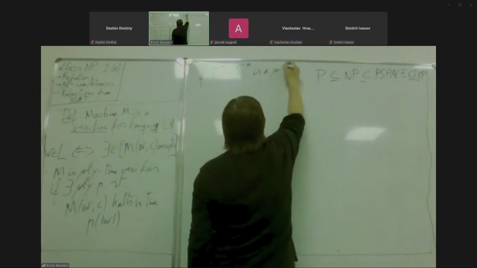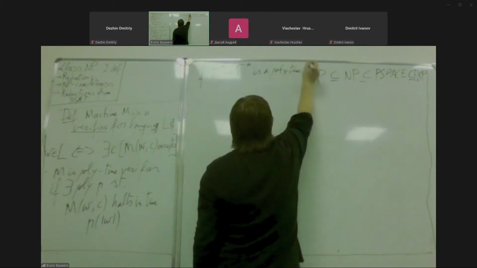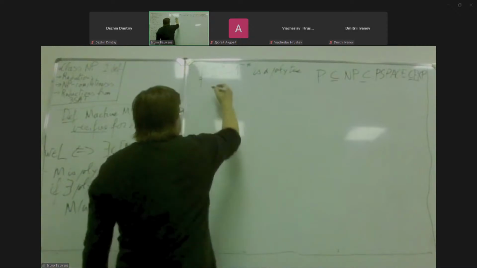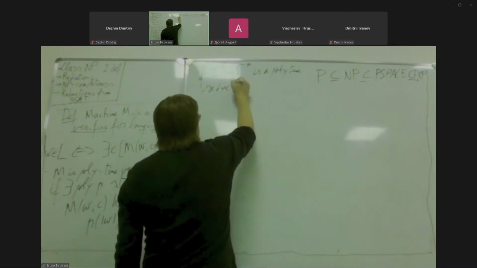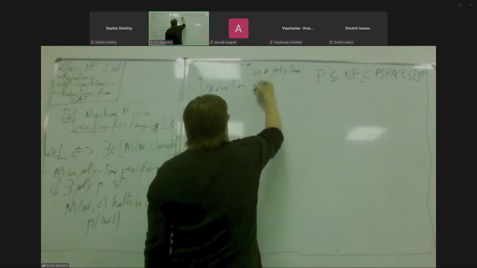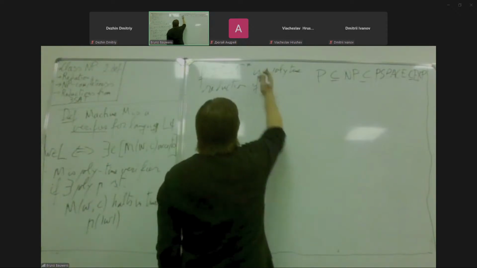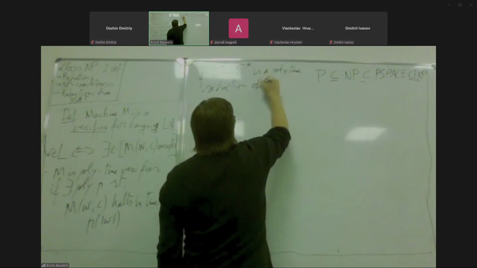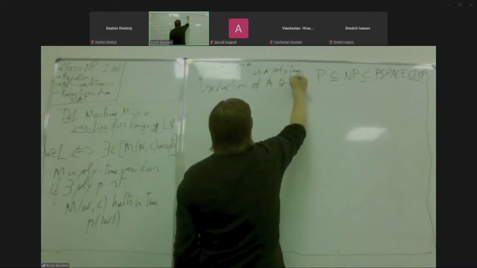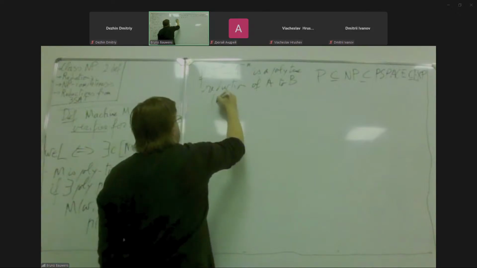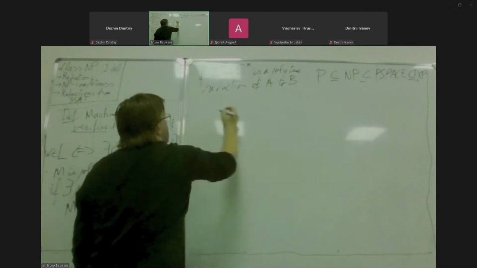This is a polytime reduction of A to B, with this notation.